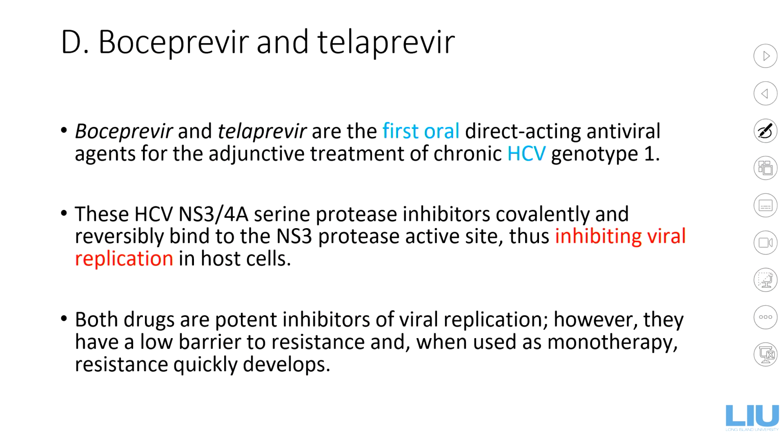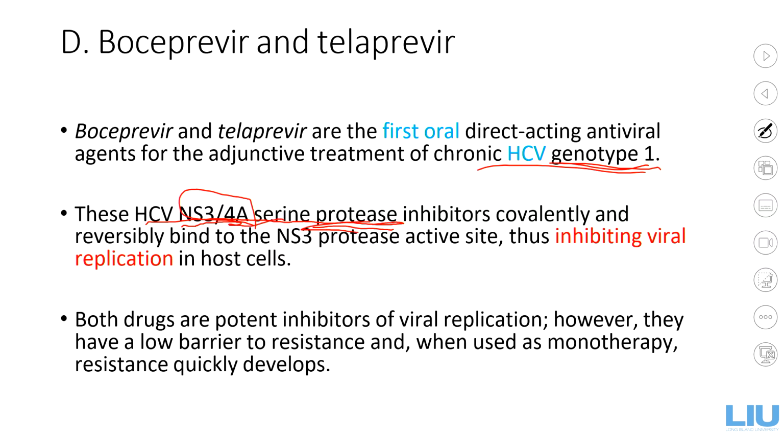Okay, so these are the ones that act on the serine protease that is unique to genotype 1 of hepatitis C. This is an important concept, okay? Just to remind you, some species of hepatitis C are of this kind, genotype 1, and this genotype has a special protease enzyme called NS3/4A serine protease.